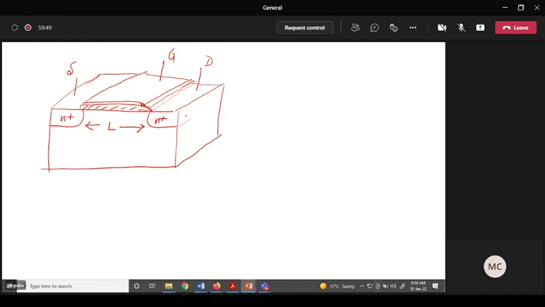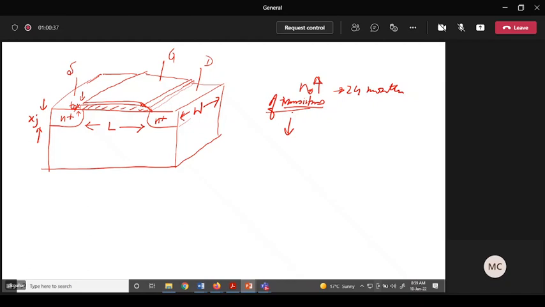So this is L and this is my W, the width of the MOSFET, right? This is TOX, that is the thickness of the oxide, and this is XJ, that is the depth of the junction, right? So when I say I need to reduce the dimension or size of the MOSFET, it is so that the number of transistors becomes double in every 24 months, right?